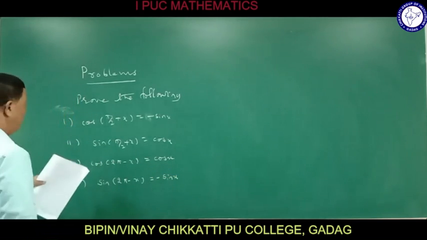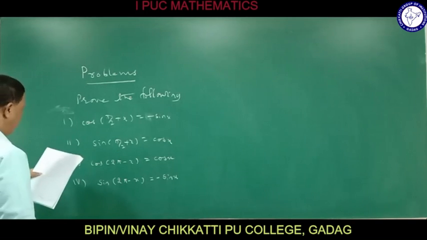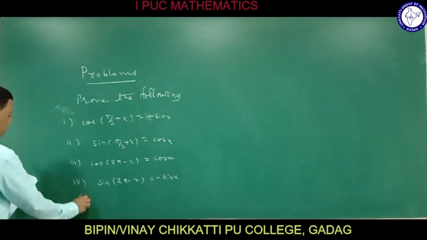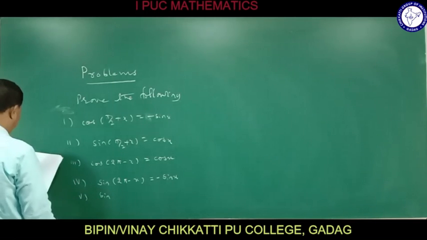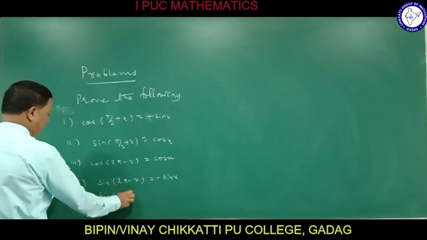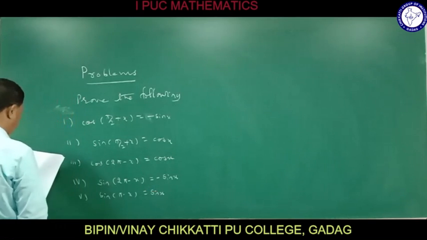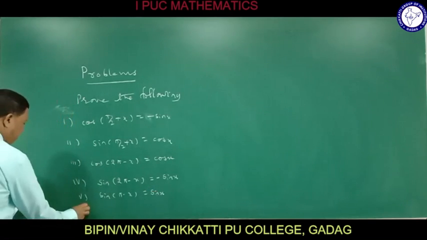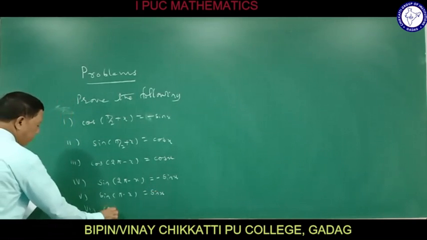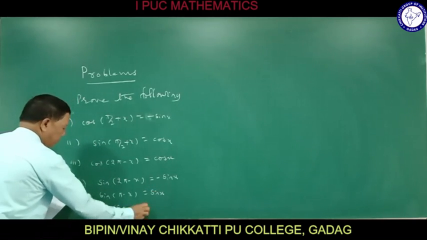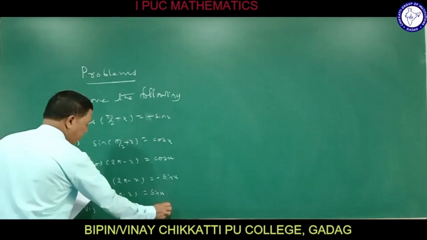You also have to consider that sin of pi minus x is equal to sin x, and cos of pi minus x is equal to minus cos x.